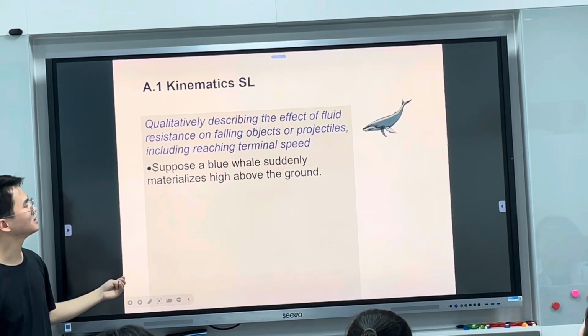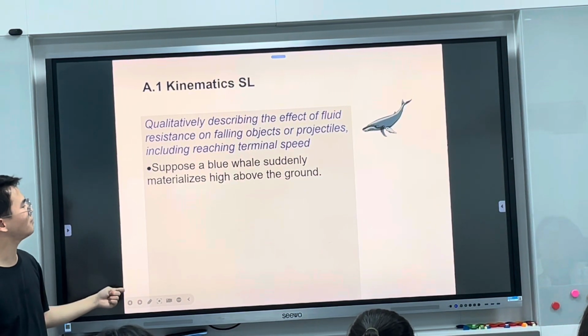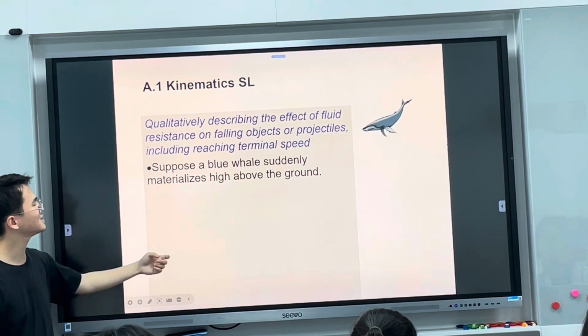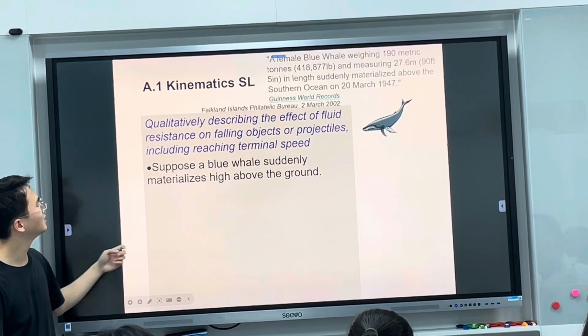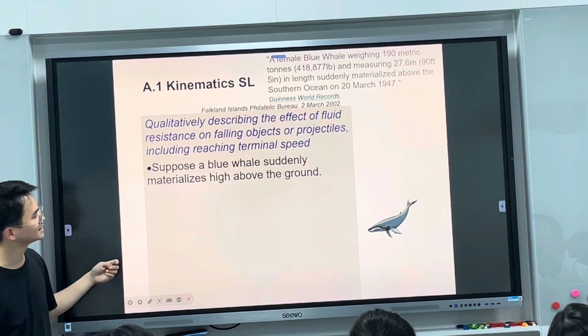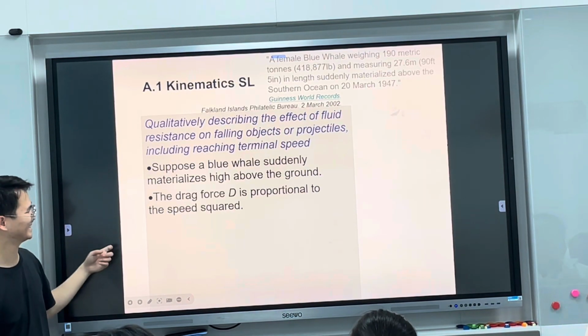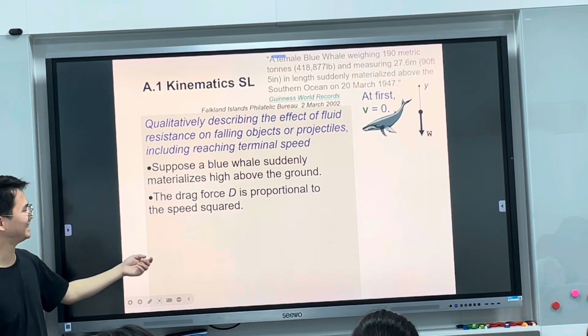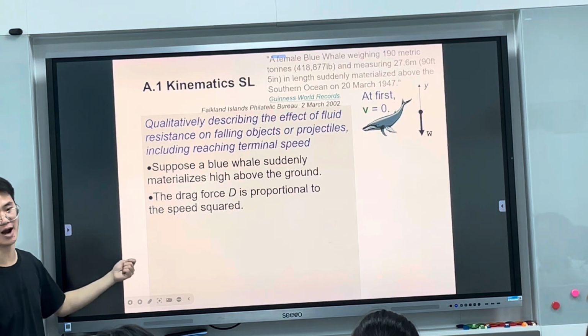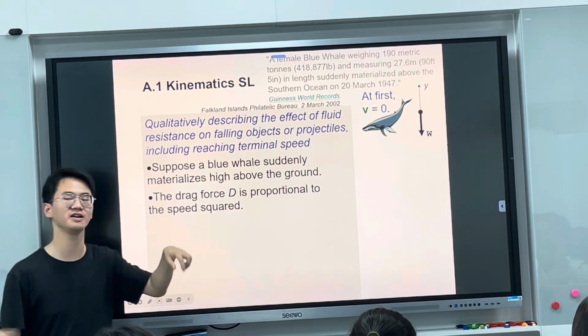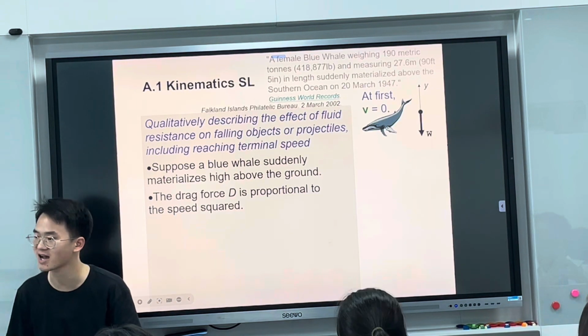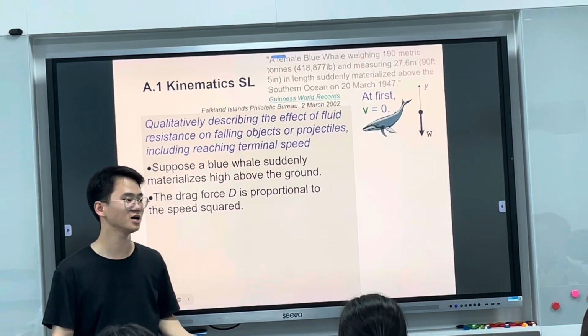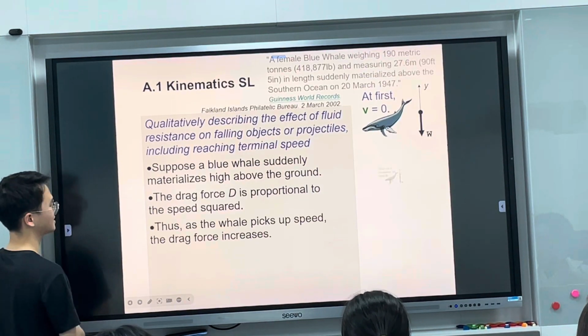And so let's look at this. A blue whale suddenly materialized high above the ground. And the drag force D is proportional to the speed squared. So the faster it falls, the greater the drag force is, the greater the air resistance is.